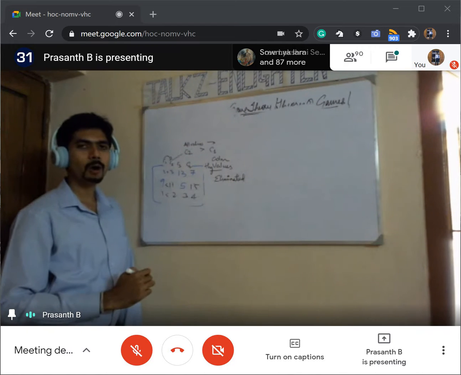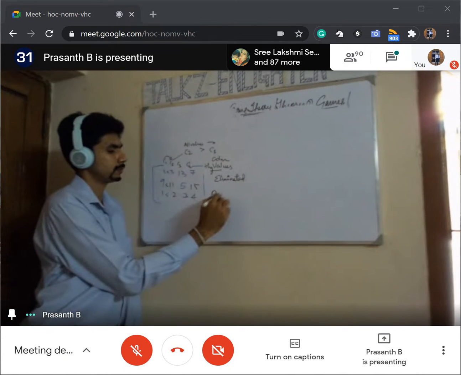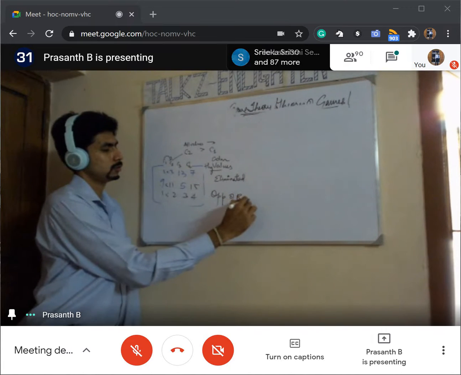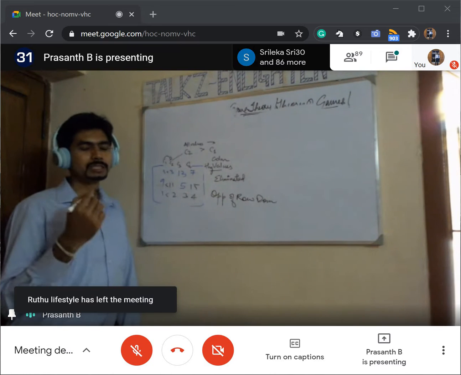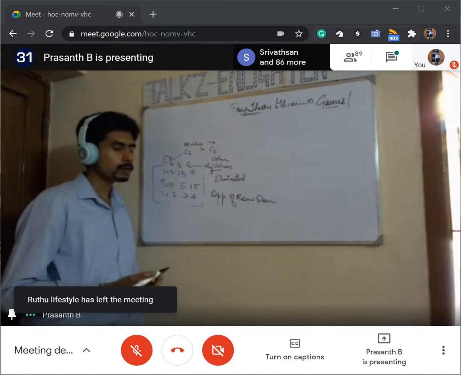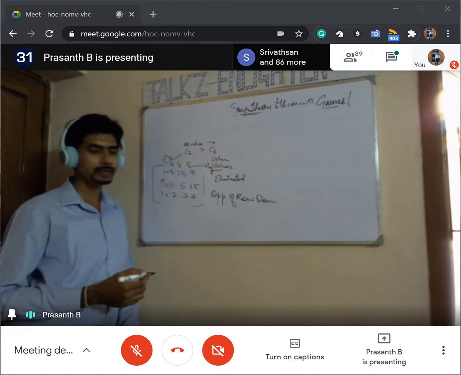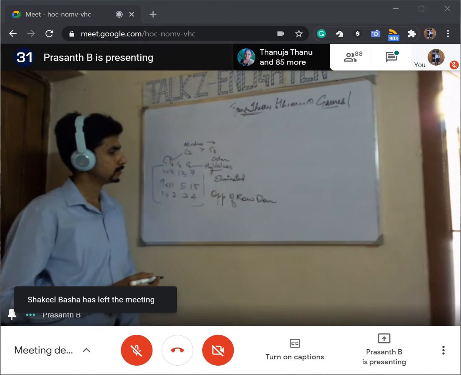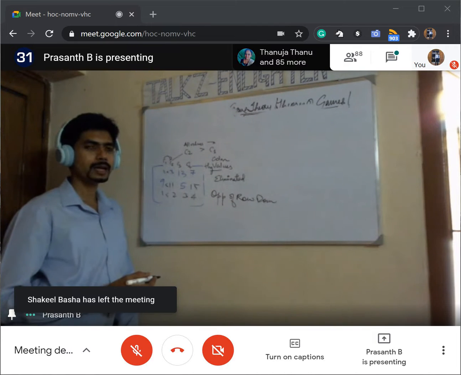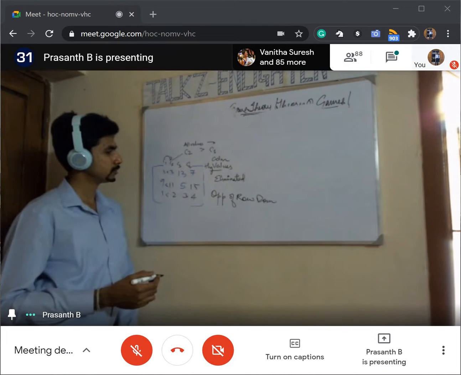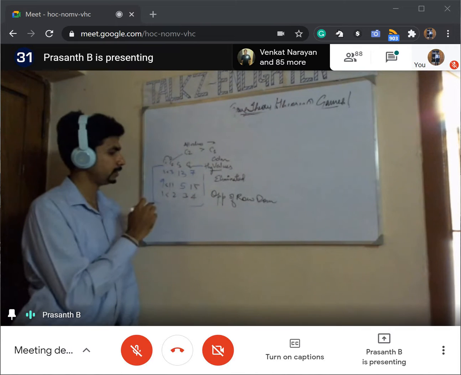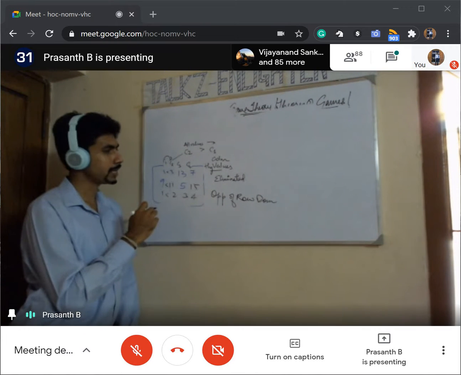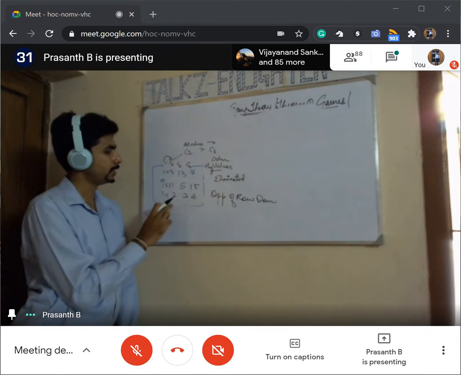It is exactly opposite of row dominance. In row dominance, you strike off the lesser values, whereas in column dominance, you strike off the higher values. So you strike off the higher values, 3, 11, and 2.